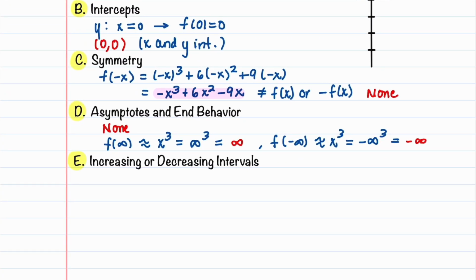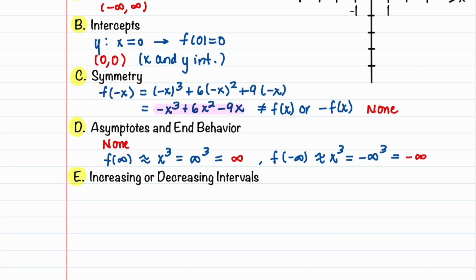Let's now look at the intervals where the function may be increasing or decreasing. I'm going to start by writing down our function because we're going to need that. f of x is equal to x cubed plus 6x squared plus 9x. To find where the function is increasing or decreasing, we need to find the first derivative.